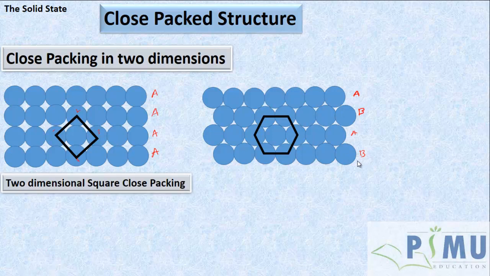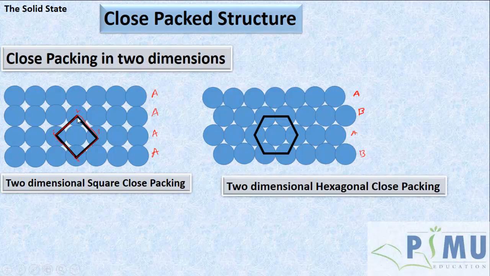Students, this arrangement is called two-dimensional square close packing. And this is called two-dimensional hexagonal close packing.